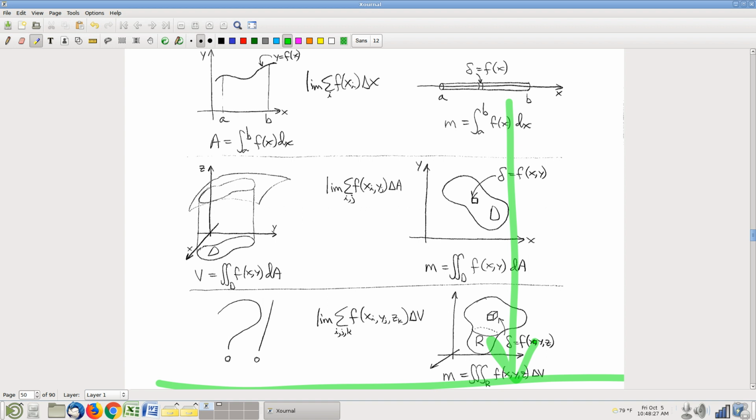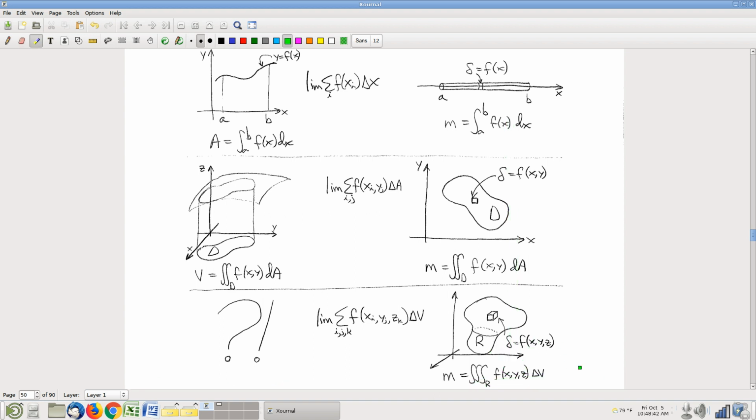How would you break your region up into little subregions? And what kind of a notion of density do you have on that little region? Maybe you're adding up probabilities, for example. And you can write down a Riemann sum, which is an integral. So anyway, it's been done. No big deal.